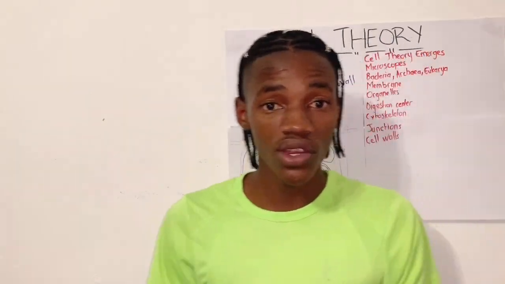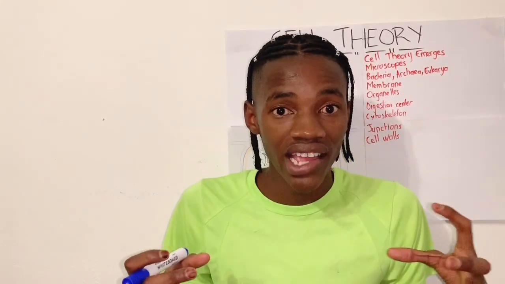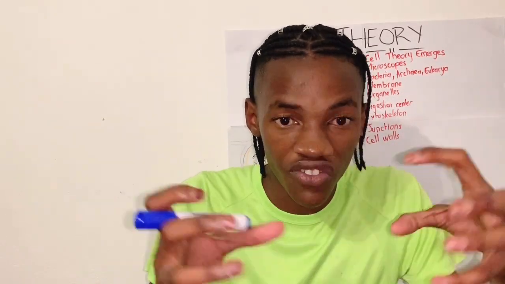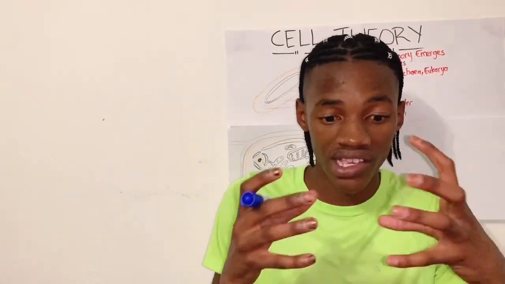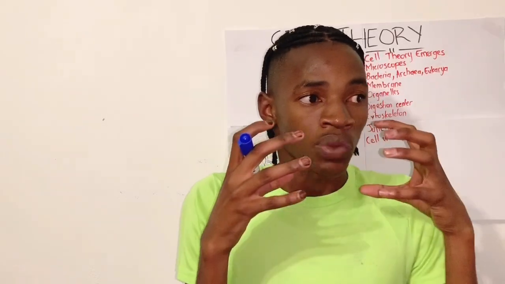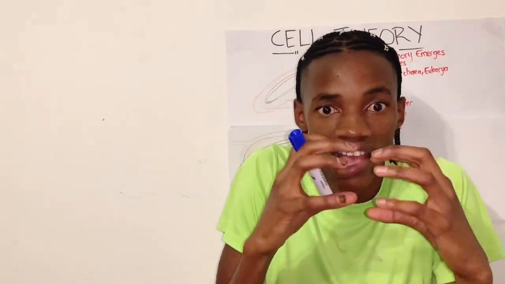Another function of the cell wall is that it helps keep the cell together and gives the cell a definite shape. One thing you should know about cells that have a cell wall is that they have a very nice defined shape.